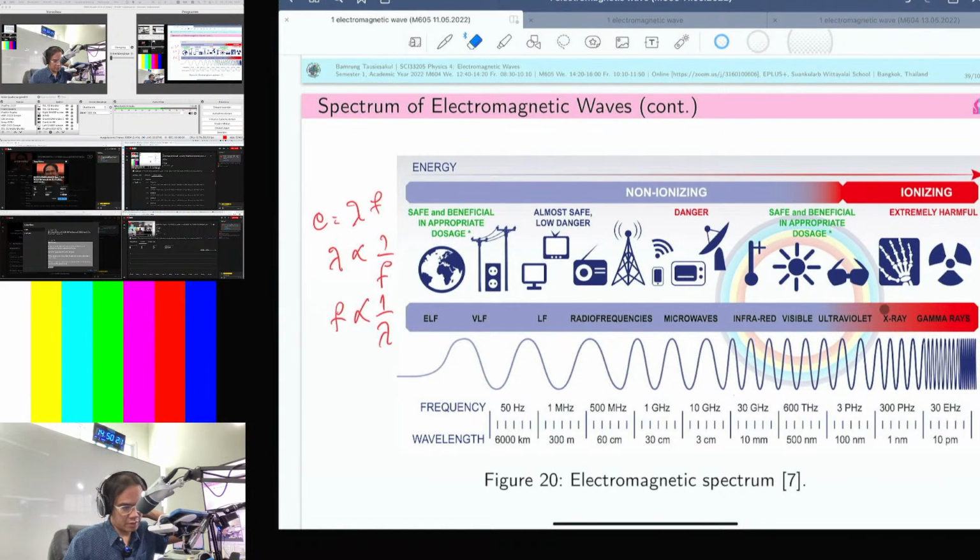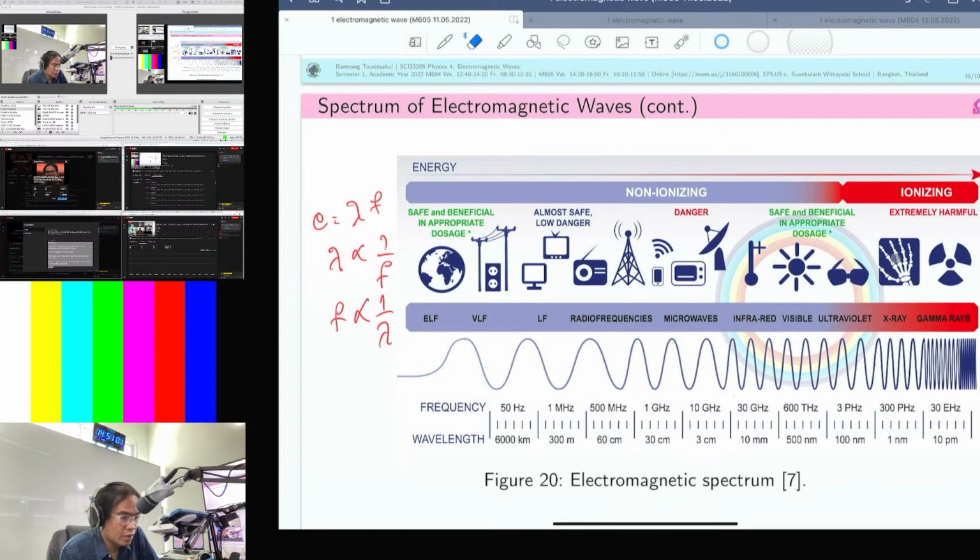The X-ray, which is one of the dangerous bands, has a frequency of 300 petahertz, that is 10 to the 15, and the wavelength is 1 nanometer. 1 nanometer is very, very short.